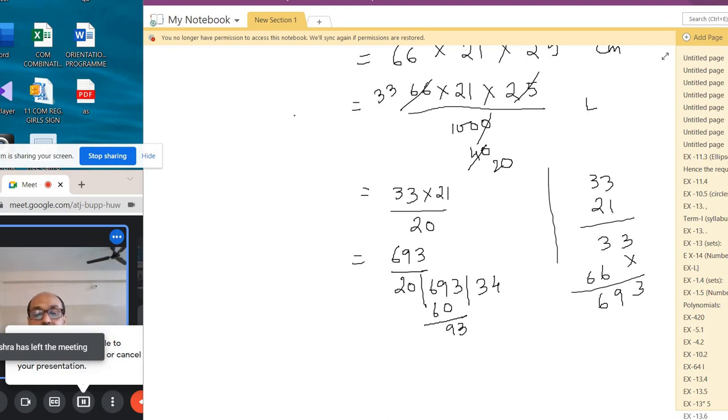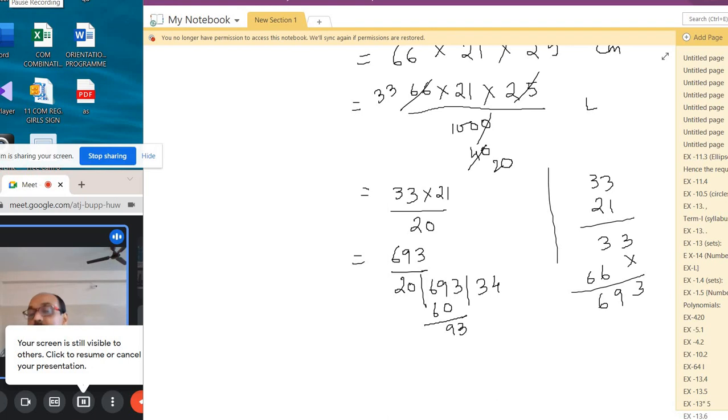Right, everyone? 693 by 20 equal to 34.65 liters.